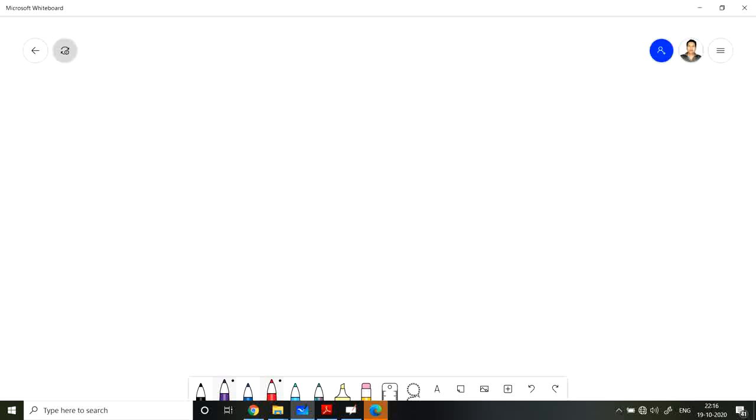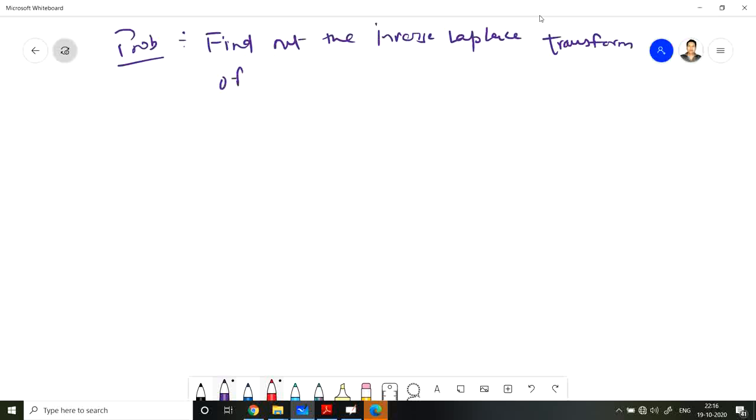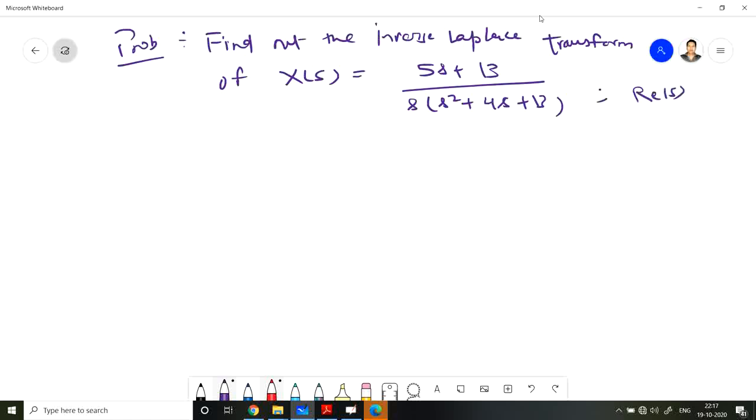Find the inverse Laplace transform of X(s) = (5s + 13) / (s² + 4s + 13), and the real part of s is greater than 0.